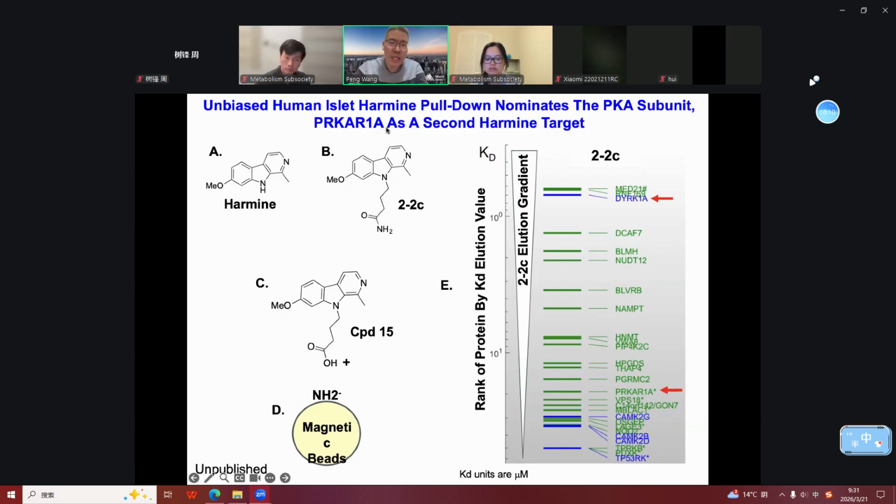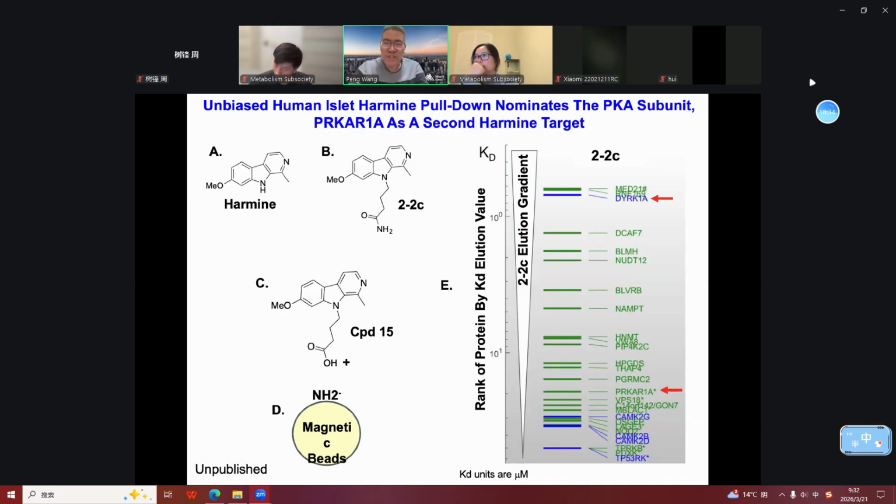Then we can use another compound, a newer generation, very potent harmine analog, 22C, to compete with this interaction and compete for these binding proteins. In this way, we can then use mass spec to sequence all these proteins.